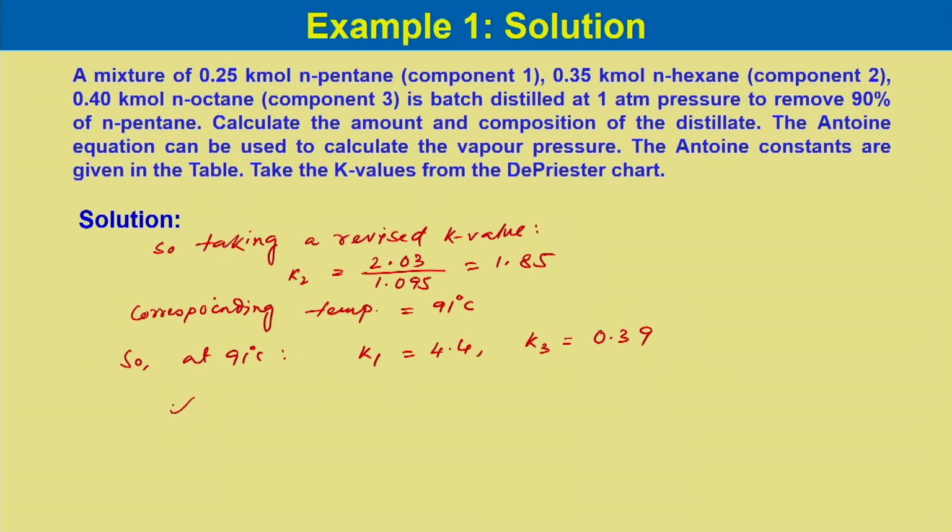So, we can calculate alpha 21, which is equal to 1.85 divided by 4.4, which is equal to 0.42, and alpha 23, which is equal to 1.85 divided by 0.39, which is equal to 4.74.